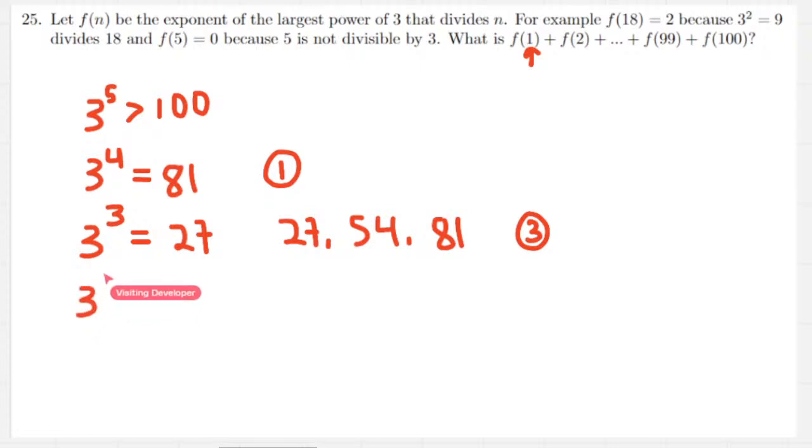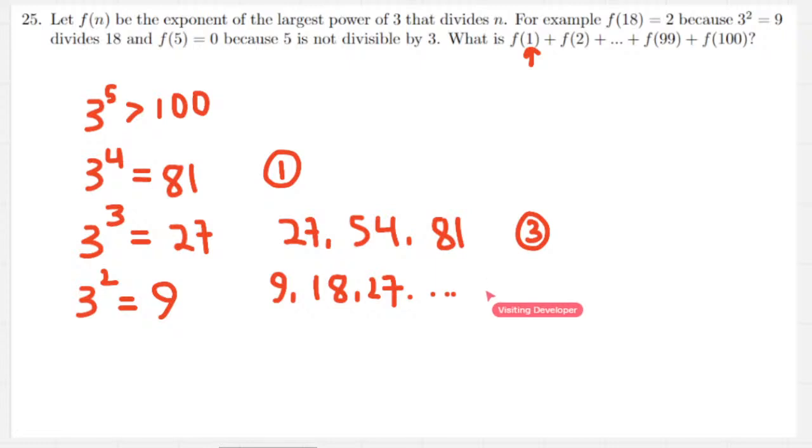And so next we can look at 3 squared, or 9. And in this case, we have the numbers 9, 18, 27, etc., all the way until 99. And this gives us 11 more numbers that contribute to our total sum.